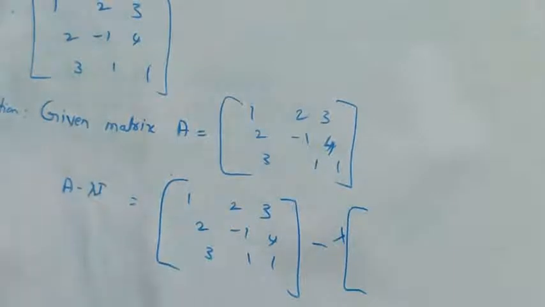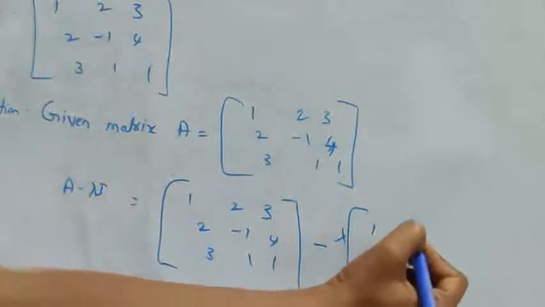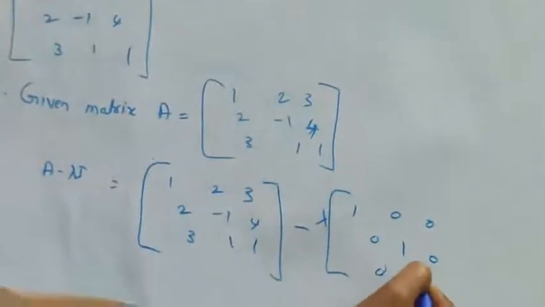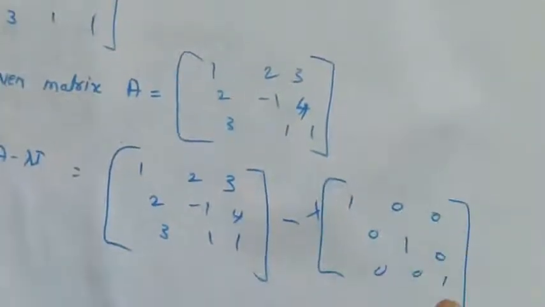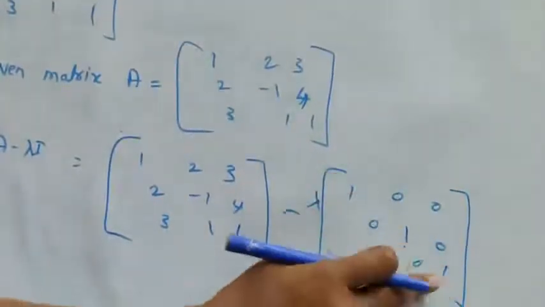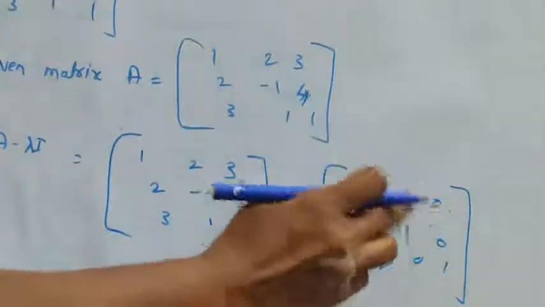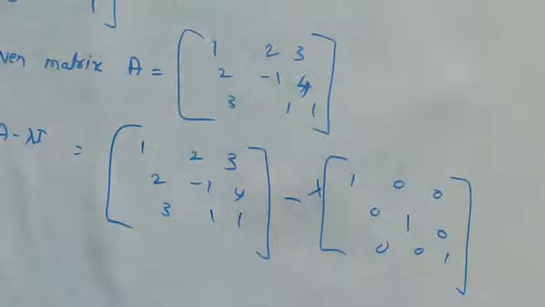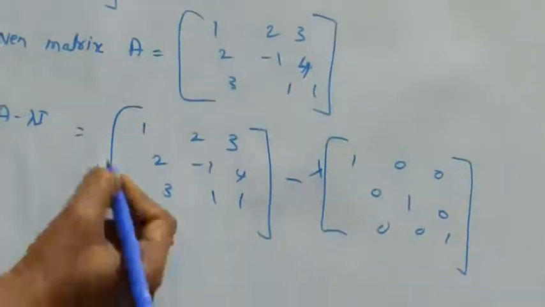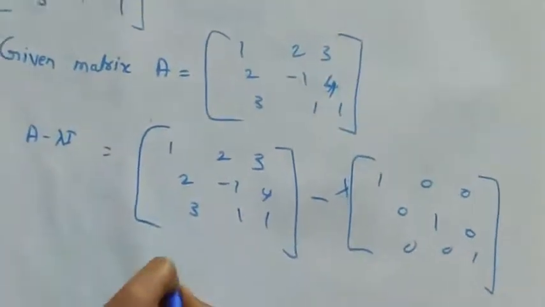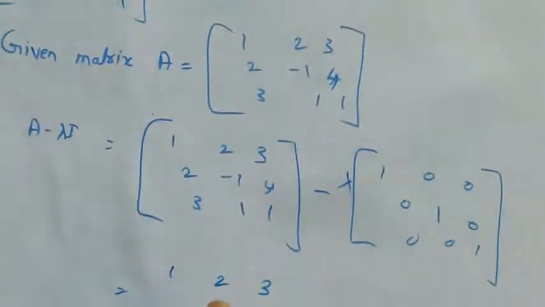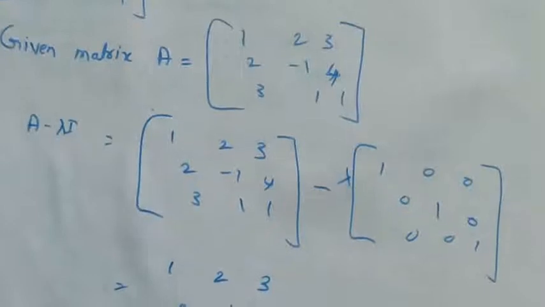And the unit matrix, whose elements are 1, 0, 0, 0, 1, 0, 0, 0, 1. That means only the diagonal elements are unity and the remaining elements are 0. Now what will you get here? You keep this term like that only: 1, 2, 3, 2, -1, 4, 3, 1, 1.